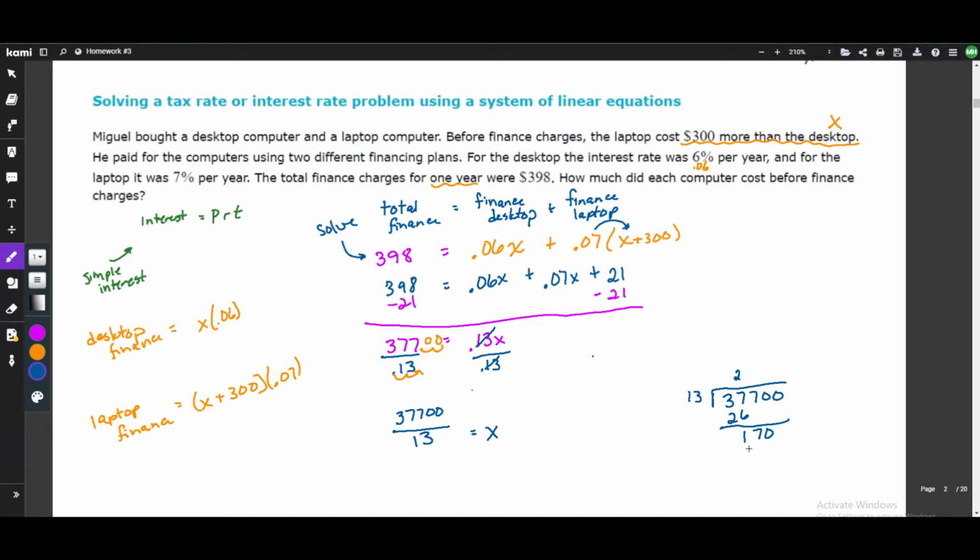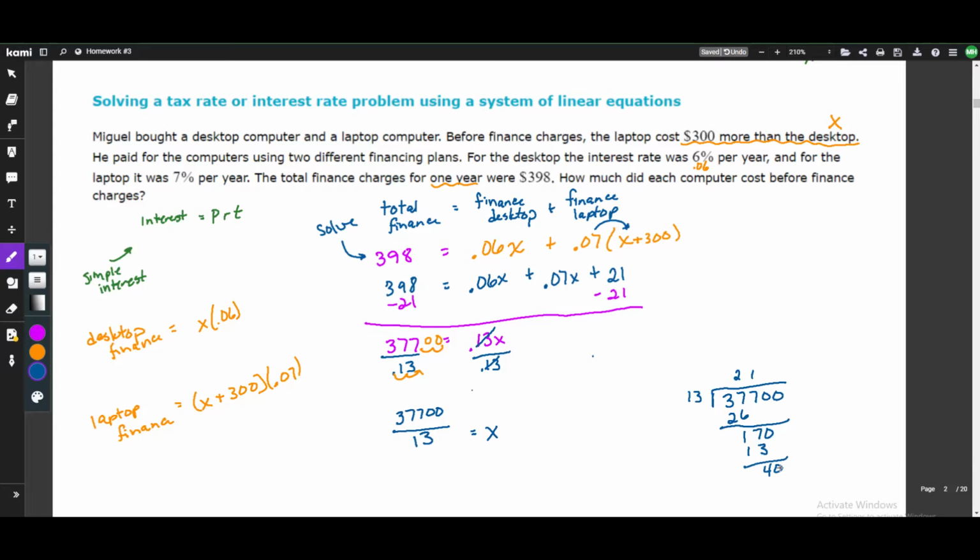All right, that is good. So 13 goes into 170. Something tells me I have subtracted creatively, but we will see. All right, then 13 goes into 17 one time. Yeah, this is not correct.